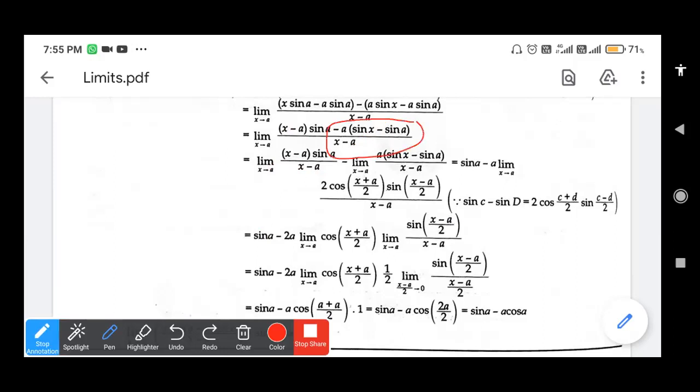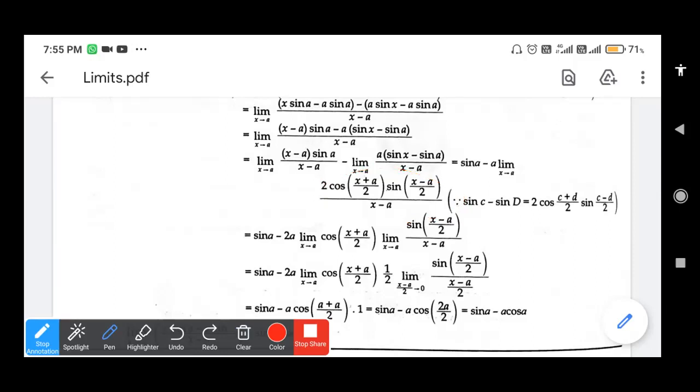Now, we have sin x minus sin a by x minus a. Over sin x minus sin a, we are applying this formula: 2 cos (c plus d) by 2 sin (c minus d) by 2. After applying this formula, we got this part.